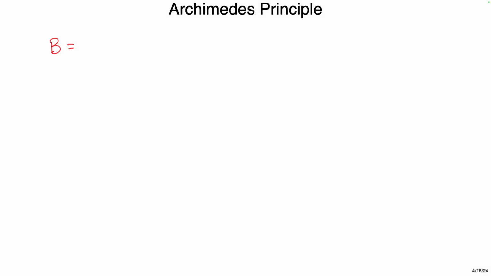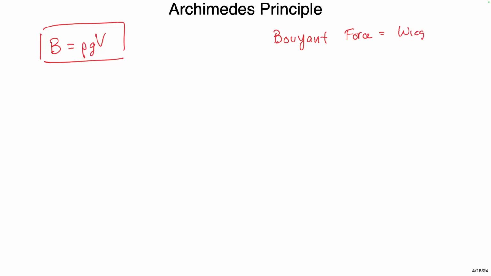We write that as density times little g times volume. Let's unpack this. We know that the buoyant force, I'm not responsible for spelling that word, is equal to the weight of fluid displaced.